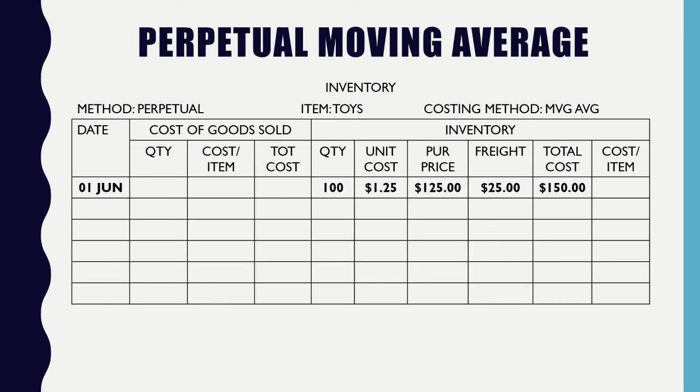Now this is where we're thinking, well, if this is your only batch of inventory, then you need to solve for your average cost here because this is your first purchase of inventory. So in this case, I would have figured that this was $1.50, assuming that this is going to be your only batch of inventory.